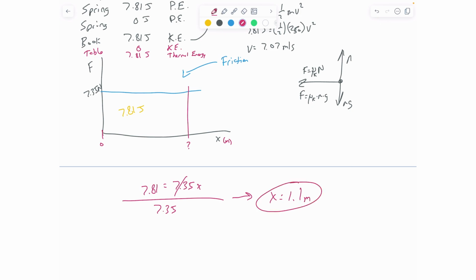So what just happened is that friction, as the book is moving along the table, is consuming or draining more and more kinetic energy from the book until finally it stopped. And now there's no more energy to drain.